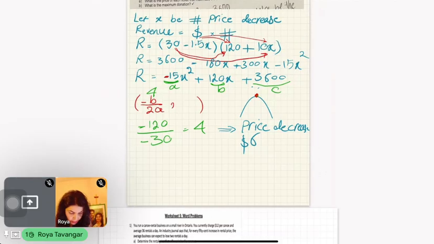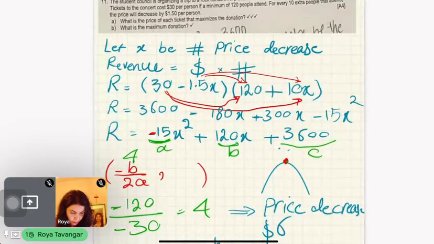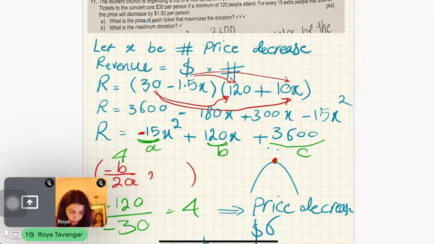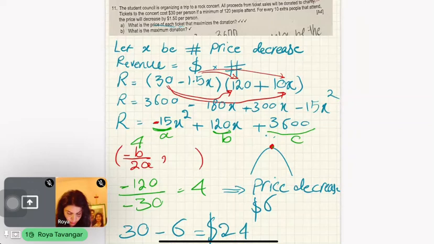So $30 minus $6 is equal to $24. This is the answer for what is the price of each ticket that maximizes donation, and the price is $24.